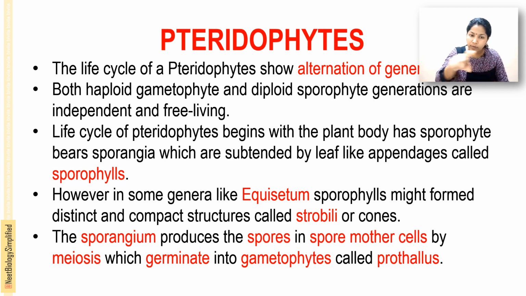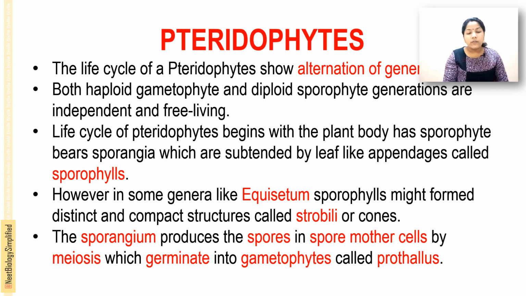One phase is the haploid gametophyte, then it changes to the diploid sporophyte, and again the haploid gametophyte. The cycle goes on continuously. That is called alternation of generation. Both the haploid gametophyte and the diploid sporophytic generation phases are there, and they are independent and free living.